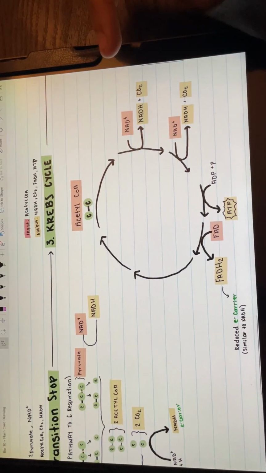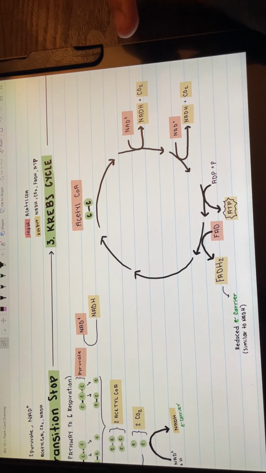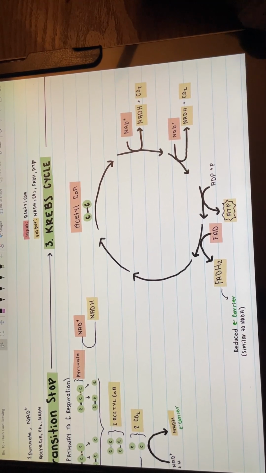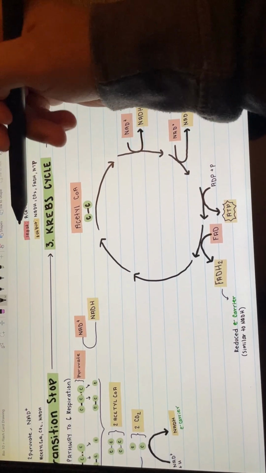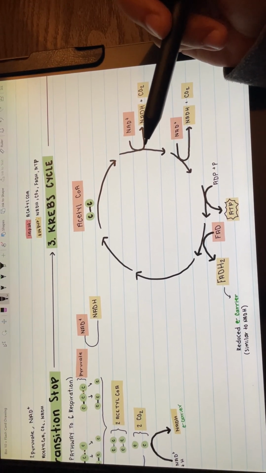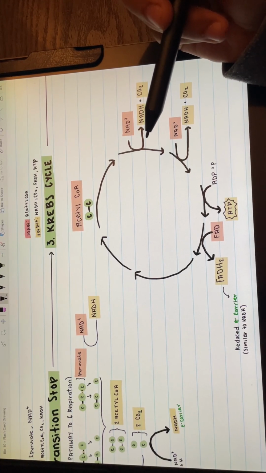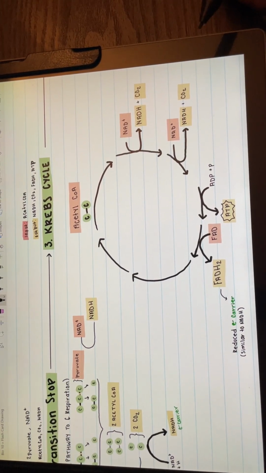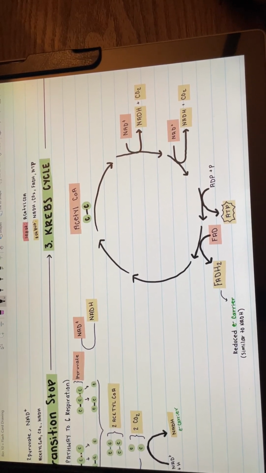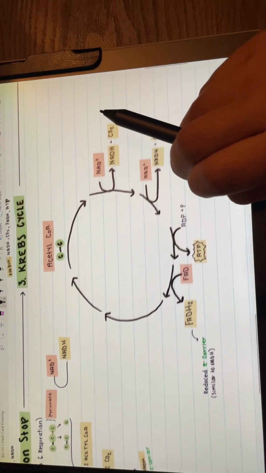So the Krebs cycle is the next step. So it's the third step here. And we have our acetyl-CoA that we input. And this cycle produces a little bit more energy and loads up on electron carriers, which is crucial for the next step, as we'll see.